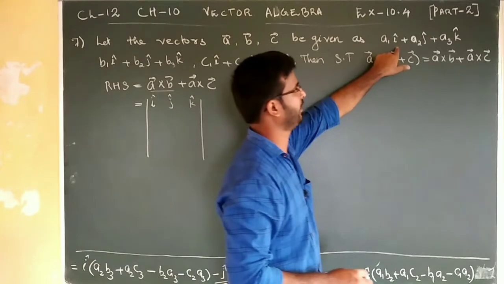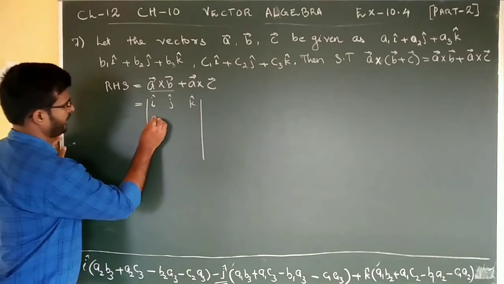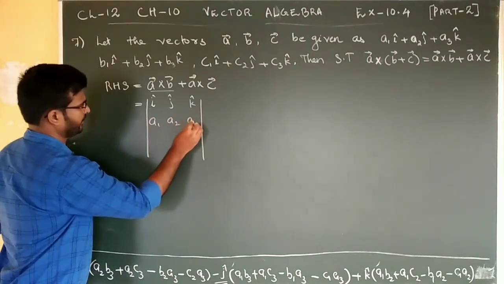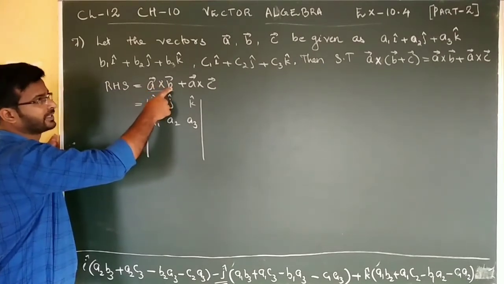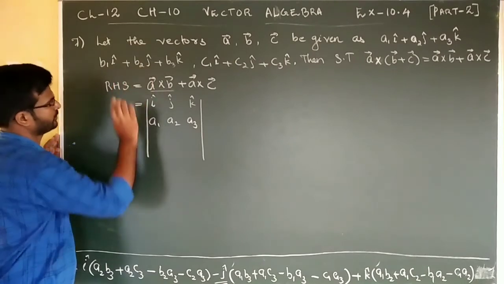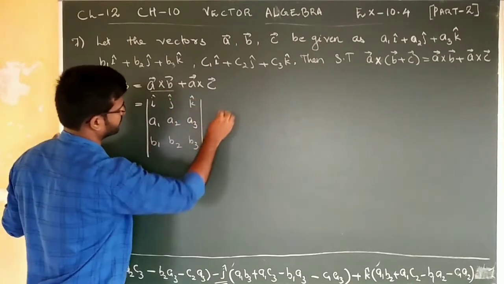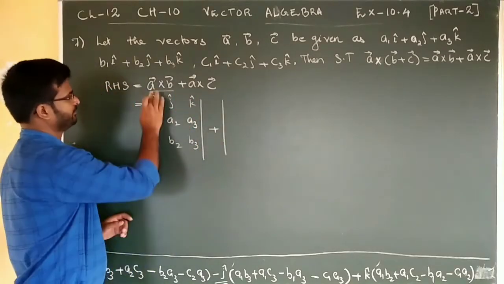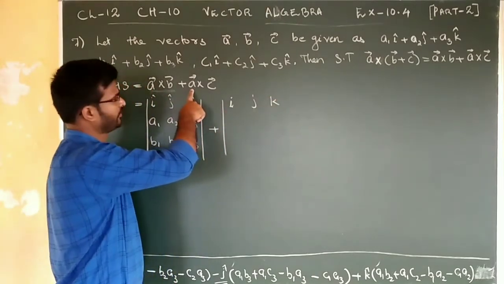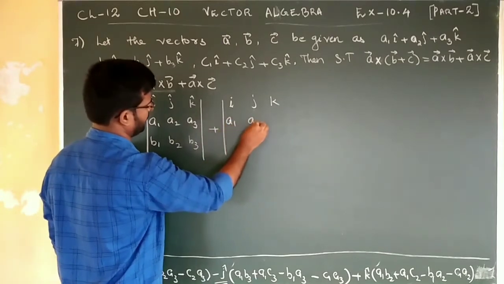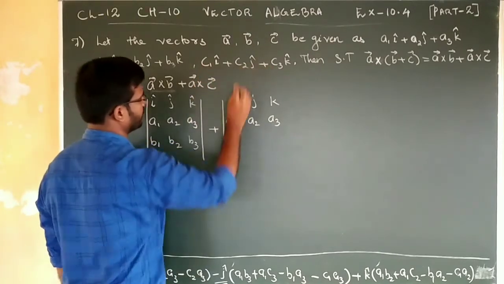This is A vector A1 I, A2 J, A3 K, so in second row A1, A2, A3. Then the scalar components of second vector: B1, B2, B3. Plus, now we can write A cross C. Let's write I, J, K, scalar components of A vector A1, A2, A3, then scalar components of C vector C1, C2, C3.